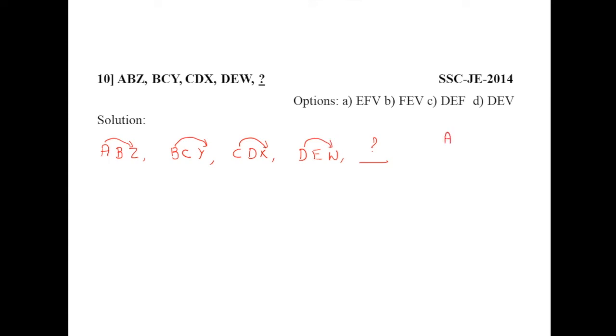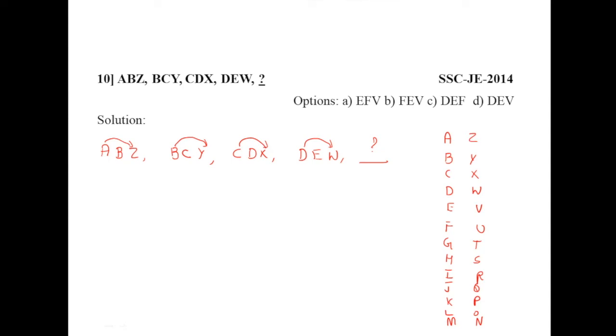I will write it down here: A, B, C, D, E, F, G, H, I, J, K, L, M, and N, O, P, Q, R, S, T, U, V, W, X, Y, Z.